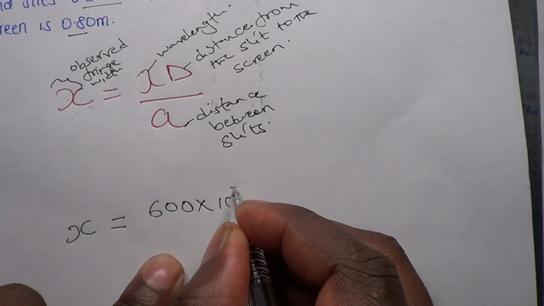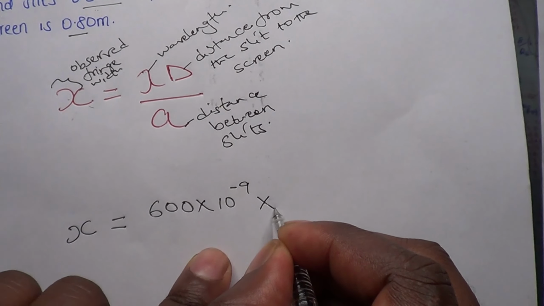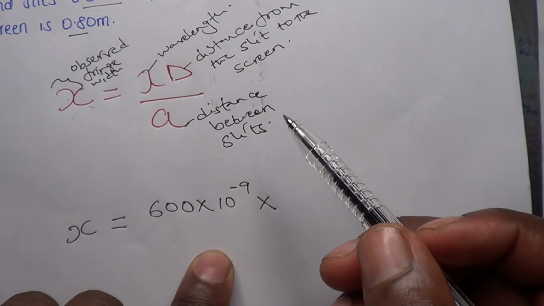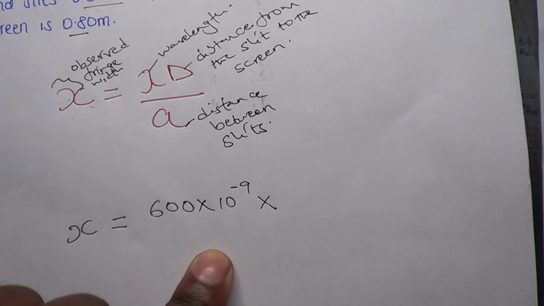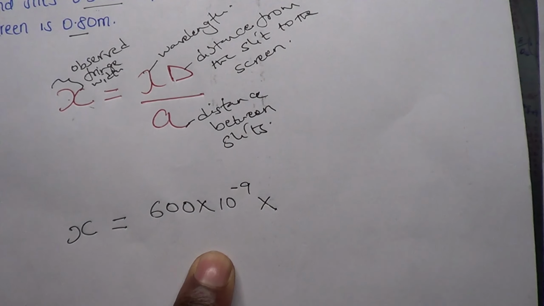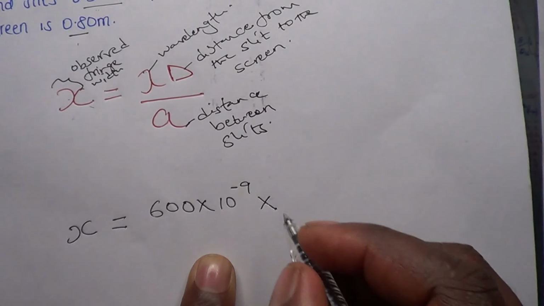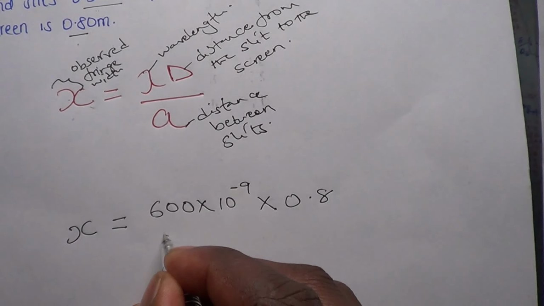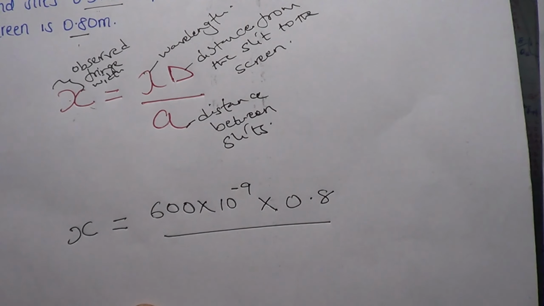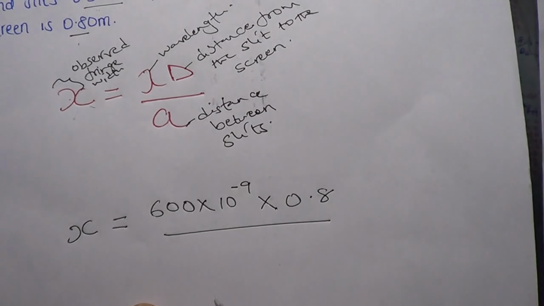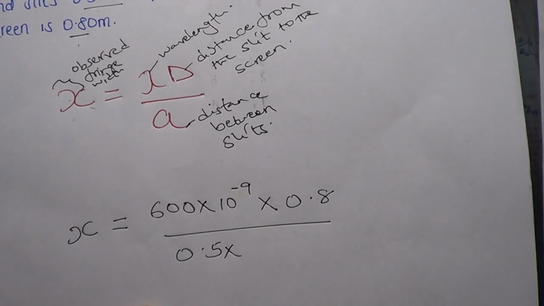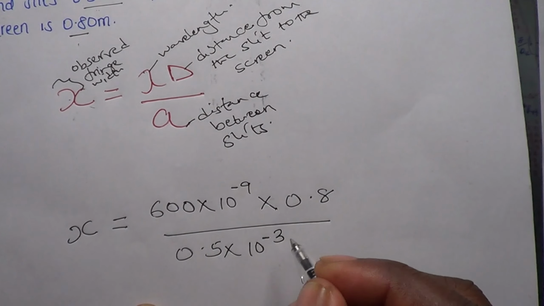We multiply by 10 raised to power negative 9, times the distance between the slits and the screen we are given, that is 0.8, over, because now we need to divide by the distance between the slits. The distance between the two slits is 0.5 millimeters, but we change it into meters because meters is our unit of distance. Now we multiply by 10 raised to power negative 3.